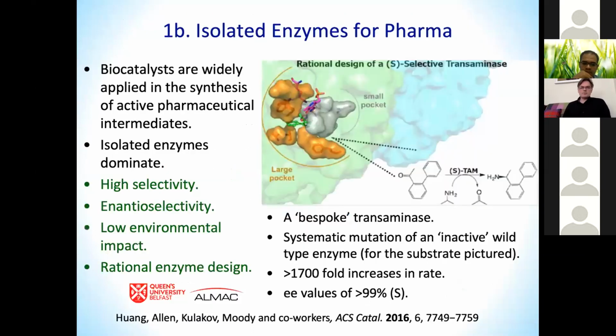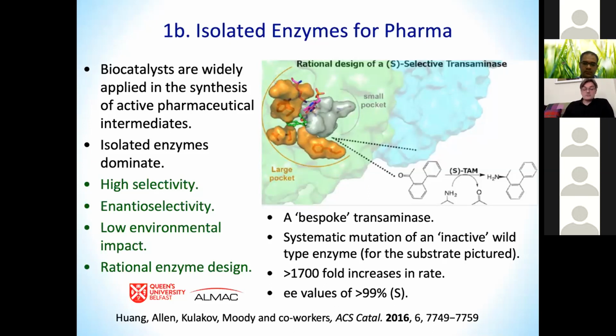My second example is probably better well known, and that's the use of isolated enzymes for pharmaceuticals and active pharmaceutical ingredients. And this example is from work that Queen's University did with Almac, who are based in Northern Ireland. And the original way to do organic transformations using biocatalysts was to find a natural enzyme or a wild type enzyme, isolate it, and then see if it did the organic chemistry that you were interested in.